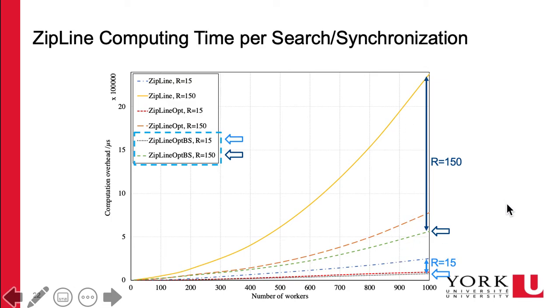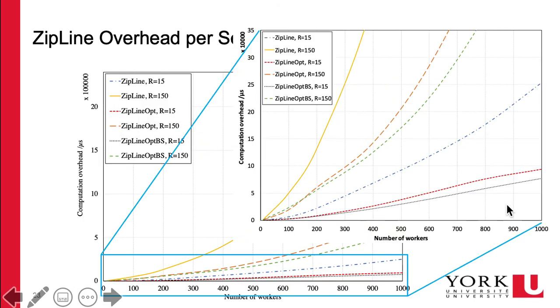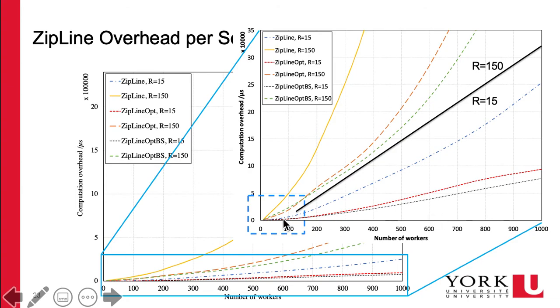We also would like to point out that when the number of workers is less than 150, ZipLineOpt is doing better than ZipLineBS. ZipLineBS is the orange color, and ZipLineOpt is the green color.